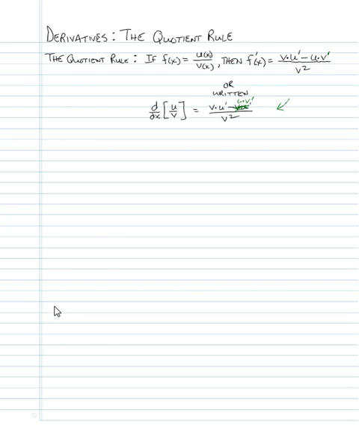So let me rewrite this whole thing. The derivative of the fraction u over v is a fraction where the numerator of the result is denominator times derivative of the numerator, subtract numerator times derivative of the denominator.